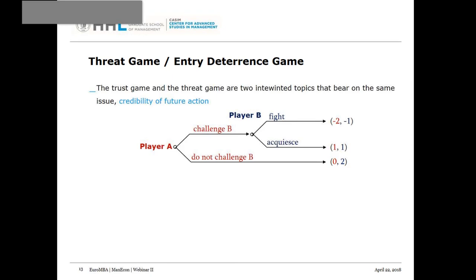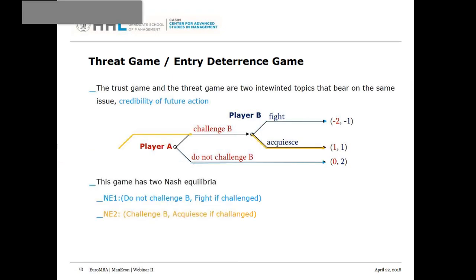So if you think about this game, I could ask you to solve it. Okay, so what are the Nash equilibria? I do it here for you. So there are 2 Nash equilibria. One Nash equilibrium is the one that we get by backward induction.